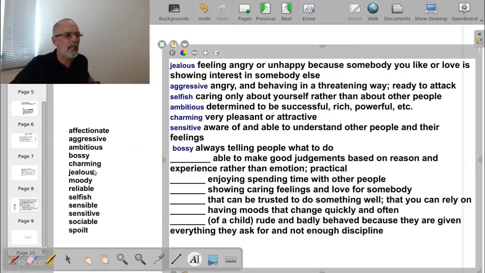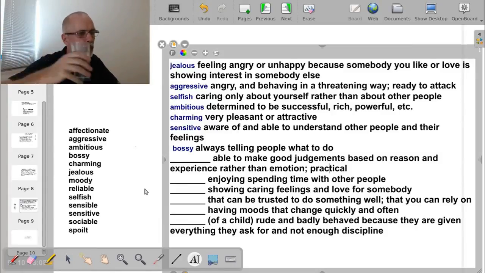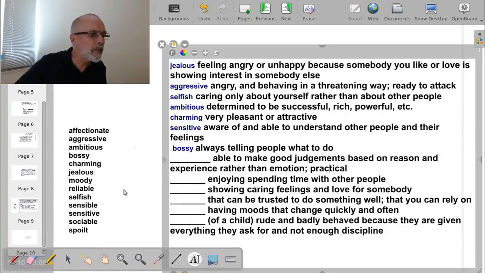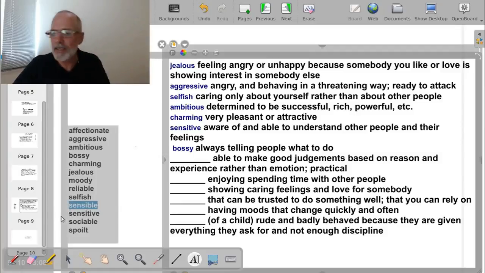What's the word for that in English? Can anybody tell me the word for that in English? Well, the word for that in English is this one here, sensible.